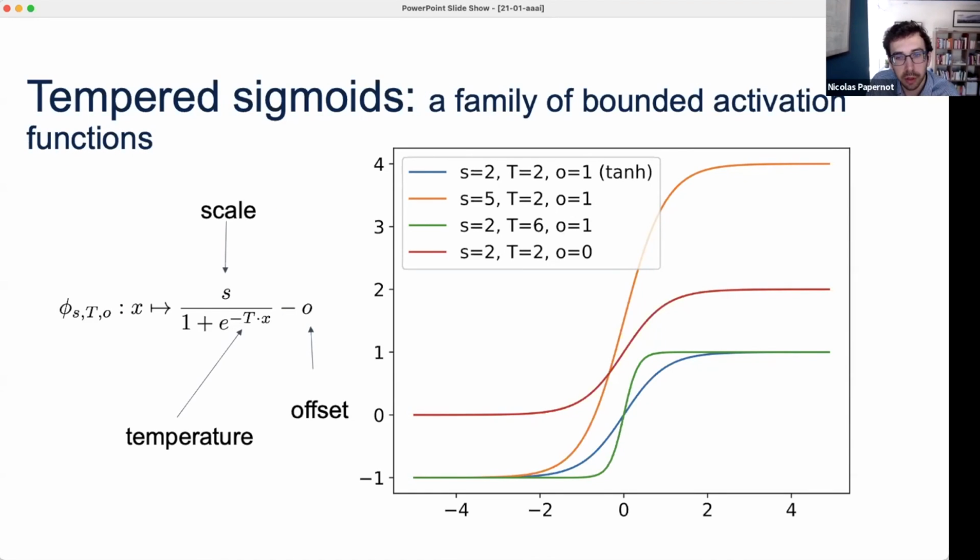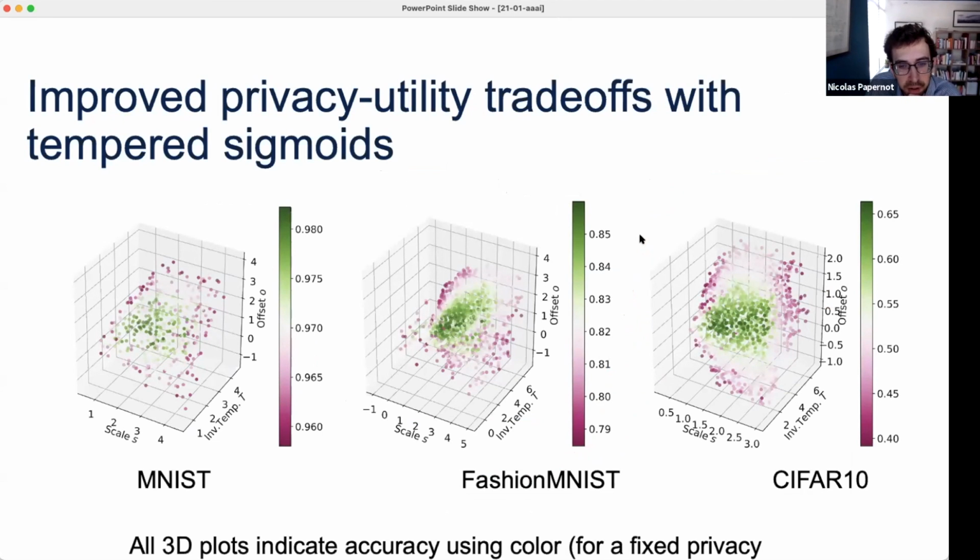So we can explore different variants of this bounded function. And we found that there is a regime where these bounded activation functions significantly outperform the ReLU activation function when learning with privacy. For a fixed privacy guarantee, we get significantly higher accuracy. And so this is very interesting.